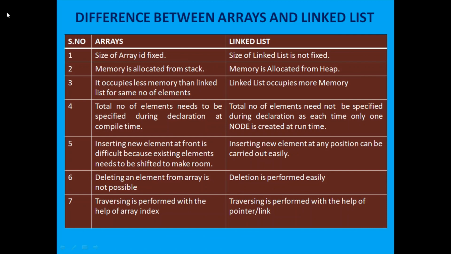But in case of a linked list, traversing is performed with the help of pointers. So we define a pointer, and what is the pointer? Pointer is the address of the next location. So for traversing, we use the pointer, or we use the link. And using the link, we can traverse from one node to the next.